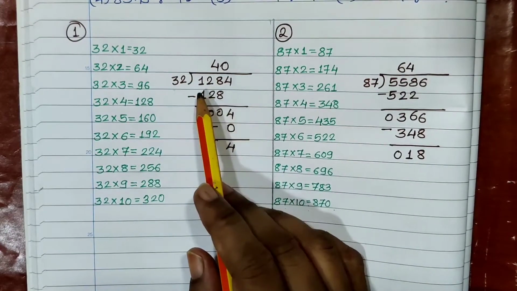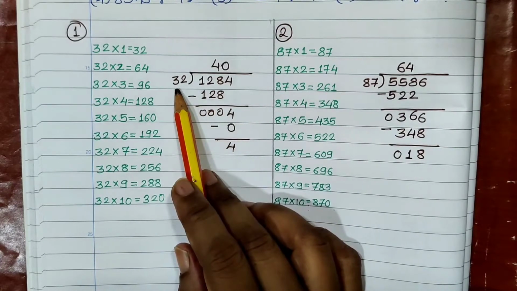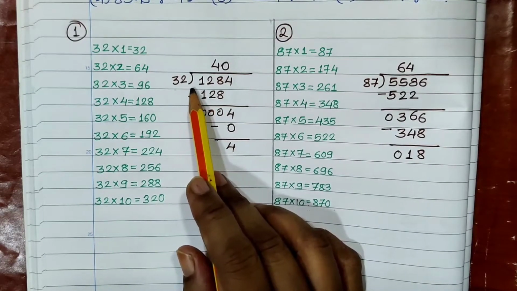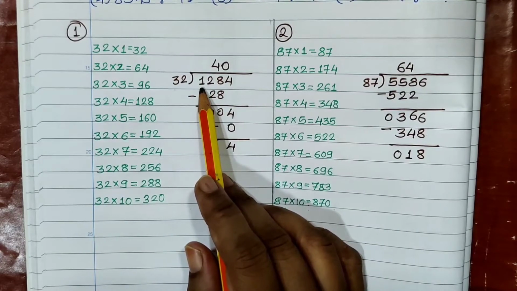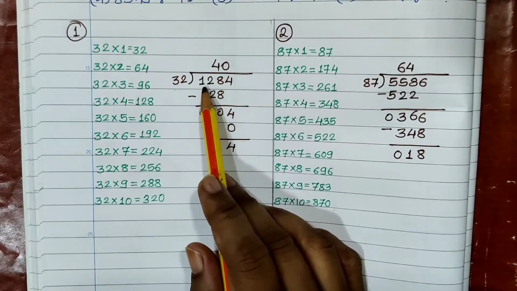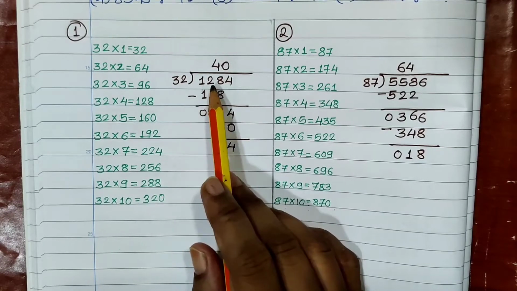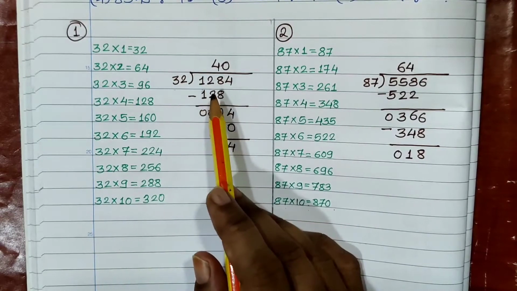So first let us check the first digit, which is 1, very small compared to 32. 32 has 2 digits, so we cannot take just the first digit. Now let us make a group of the first and second digit. It will be 12. 12 is also very small compared to 32. We cannot subtract 32 ones are 32 from 12.